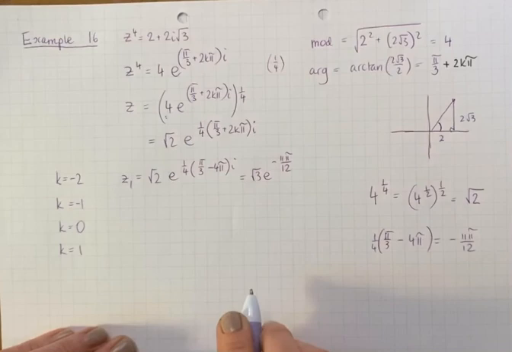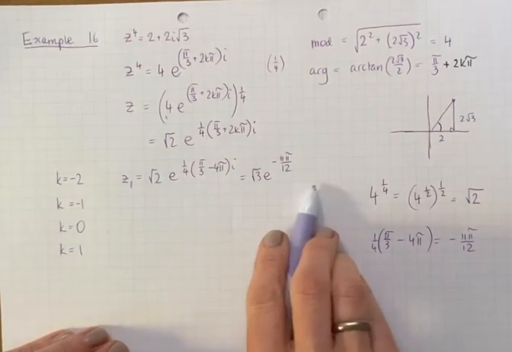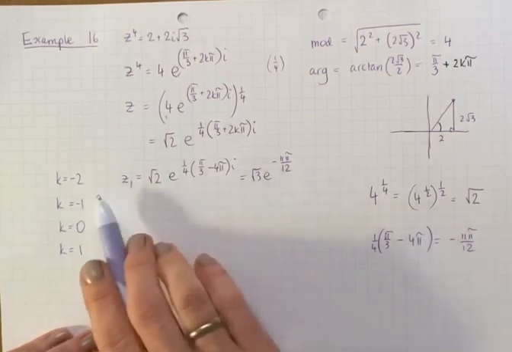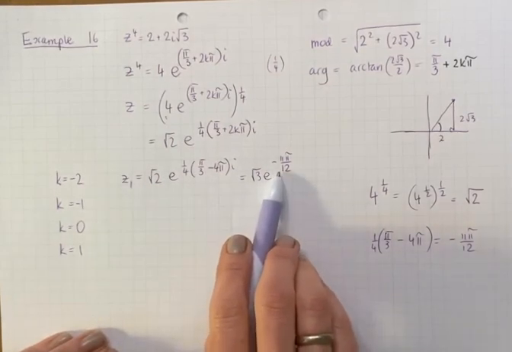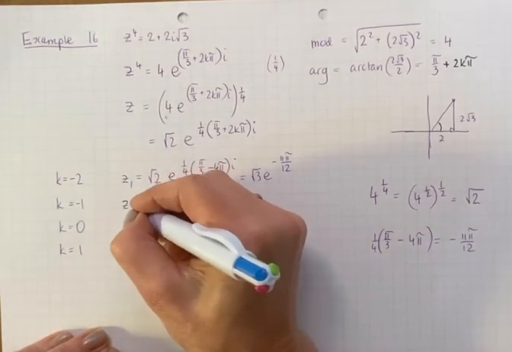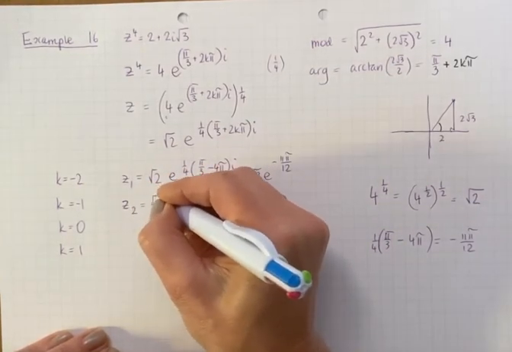You may choose to write it in modulus argument form, but I haven't got much room here, so I'll leave it. This is perfectly within our range. Minus pi is bigger in size than this value, so it stays nicely in the required interval. Let's do the next one.